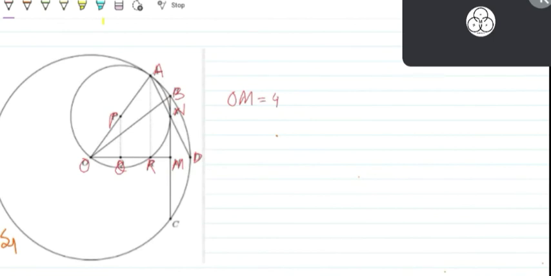What is OA? OA equals 5. OM equals 5 times OR plus RM, right?